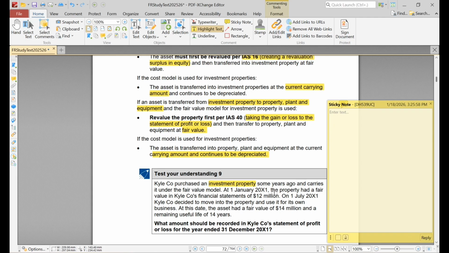At 1st Jan 20x1, the property had a fair value in Kylie company's financial statements of $12 million, and this is at 1st Jan. On 1st July 20x1, Kylie company decided to move into the property and use it for its own business.